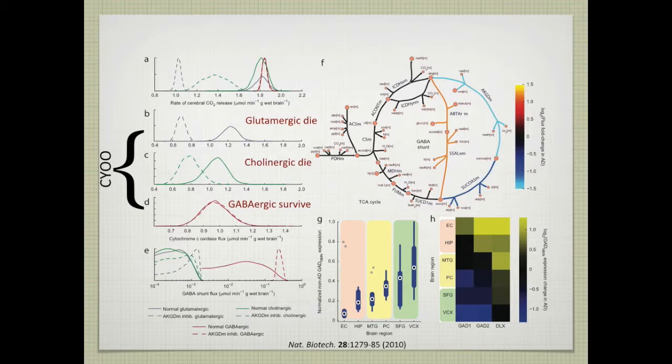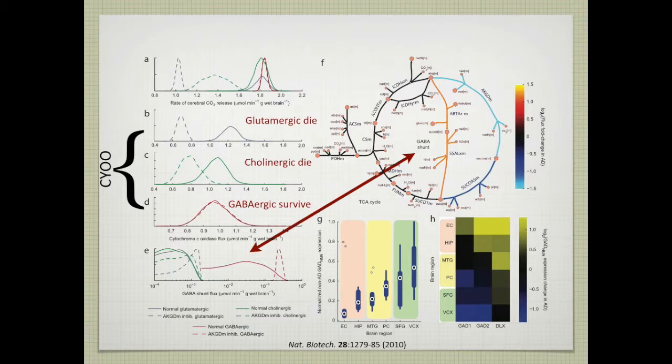And you can see that in the GABAergic neurons, that seems to stay in the normal range, whereas in the other ones it seems to go down. So this pathway map shows the GABA shunt in the middle of that cycle, and to the top in the light blue is the alpha-ketoglutarate dehydrogenase that seems to be reduced in activity.